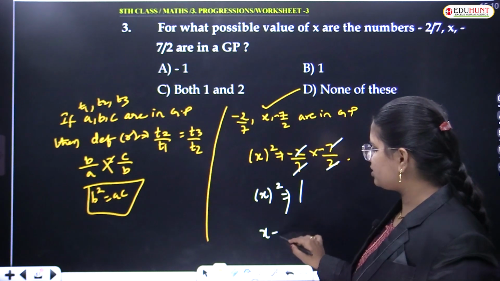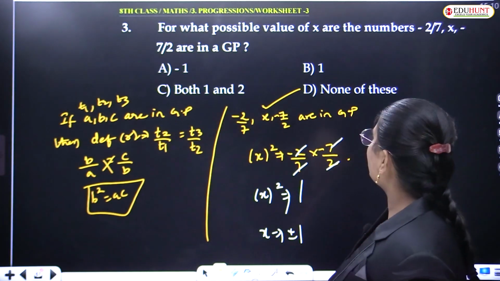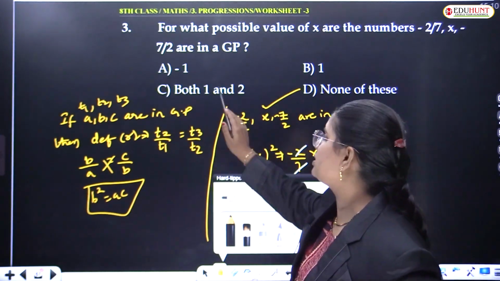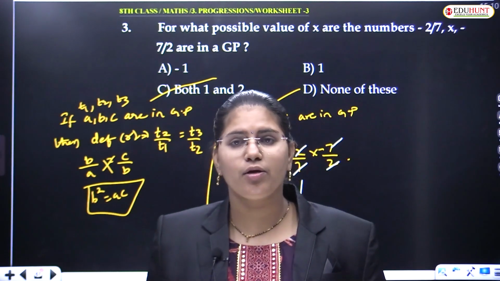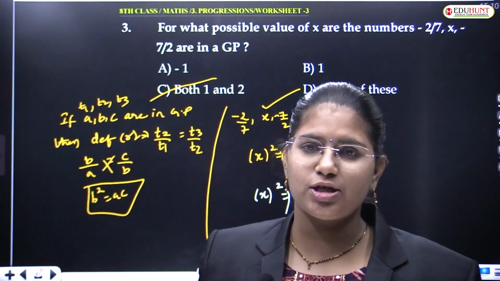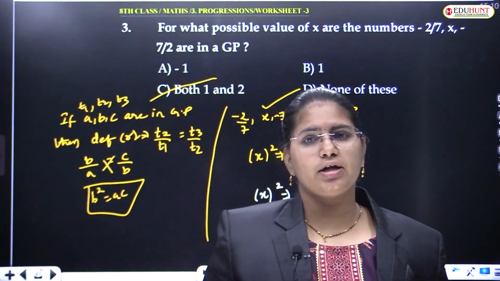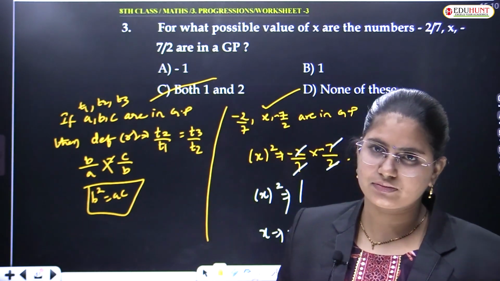Taking the square root to the other side, it becomes plus or minus 1. So what are the values? Both, it's not like first option or second option, it's both. Because minus 1 whole square is also 1, and at the same time plus 1 whole square is also 1. So for both values, it will give the same thing. I hope I am clear with this question.